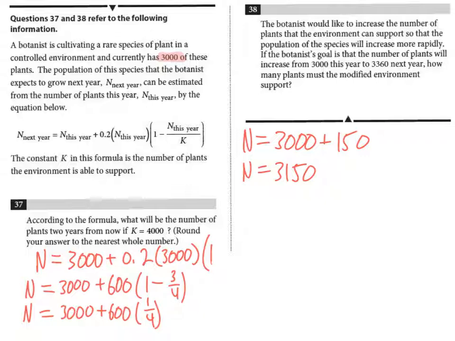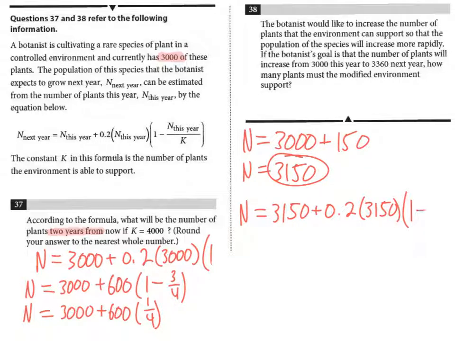Okay, so that's next year, but we want 2 years from now. So we're going to have to plug this back into our function. Starting from next year, the subsequent year will be equal to the current year, which would be 3,150, plus 0.2 times 3,150 times 1 minus 3,150 over 4,000.